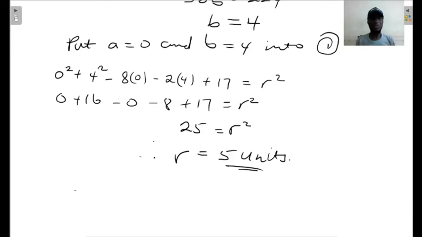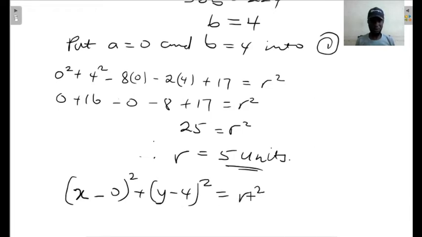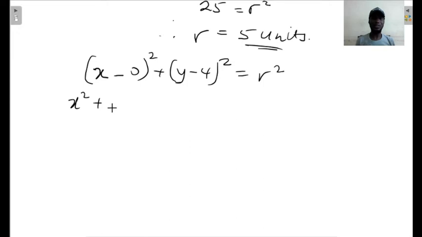We are going to have x minus 0 all squared plus y minus 4 all squared being equal to r squared. X minus 0 all squared will give us x squared. Y minus 4 all squared using binomial expansion is going to give us y squared minus 8y plus 16. Our r we know already is 5, so 5 squared.